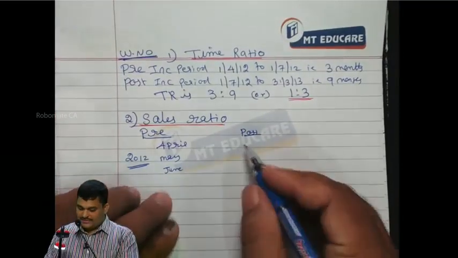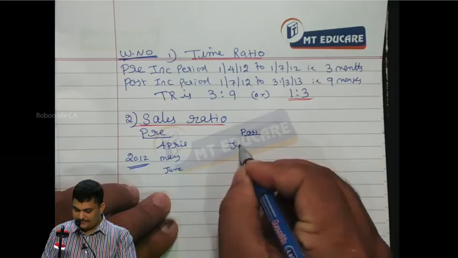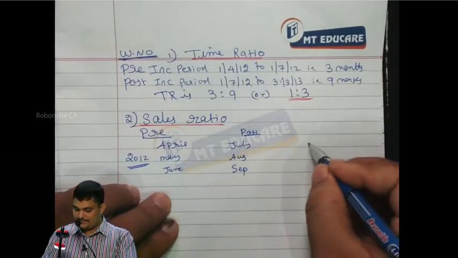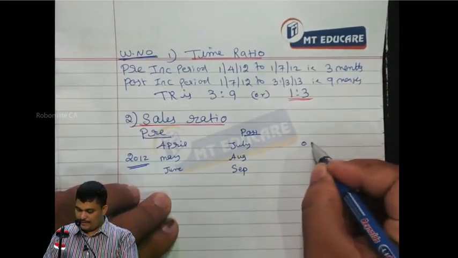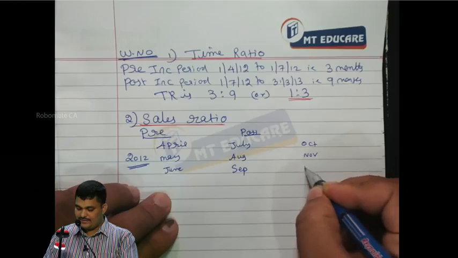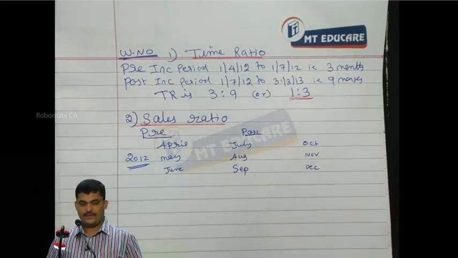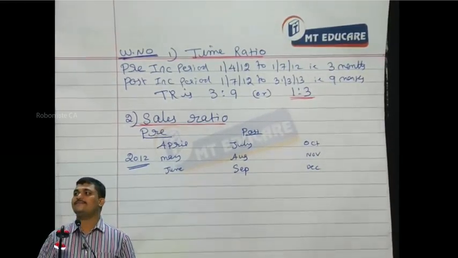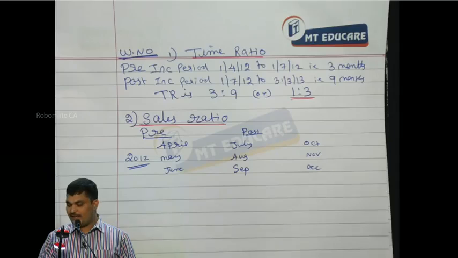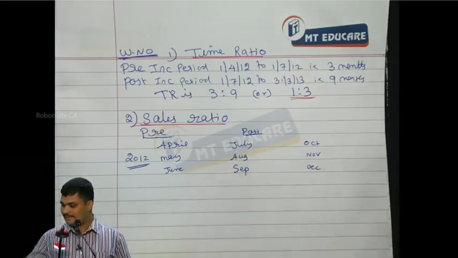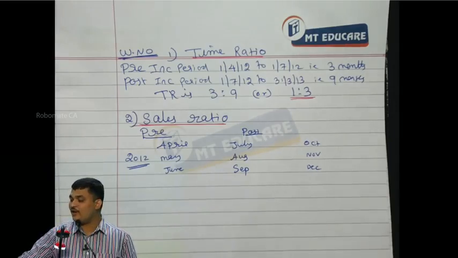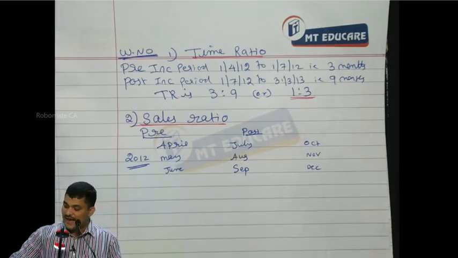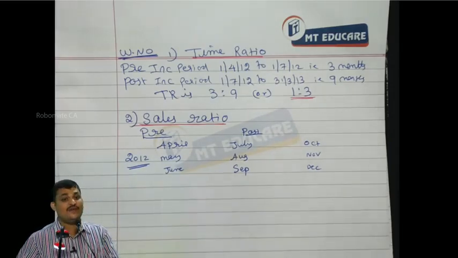So, post-incorporation period, it is July, August, September, October, November and December. Everybody? It's given that sales from September onwards, average monthly turnover from September onwards, was double that of the average monthly turnover for the first 4 months.